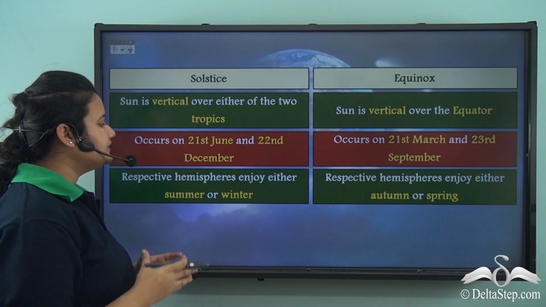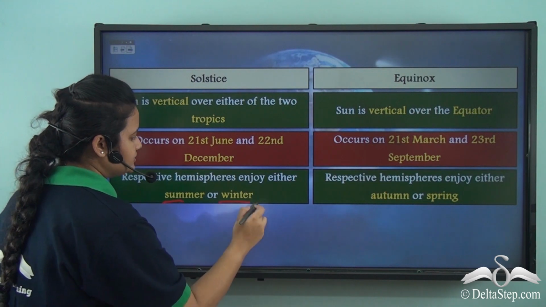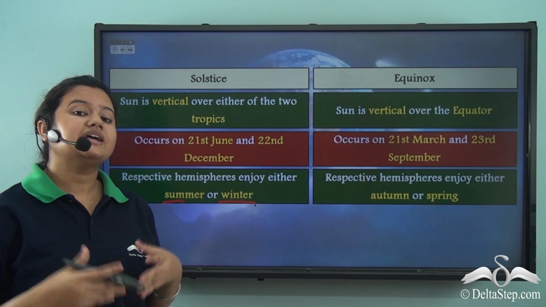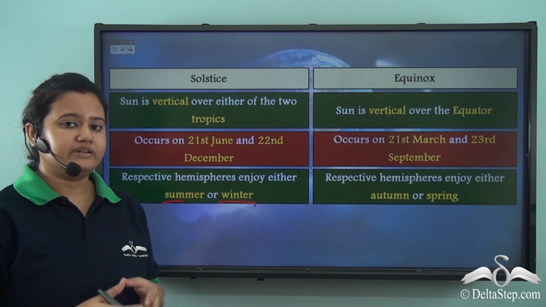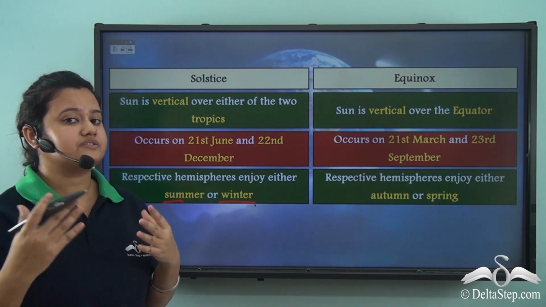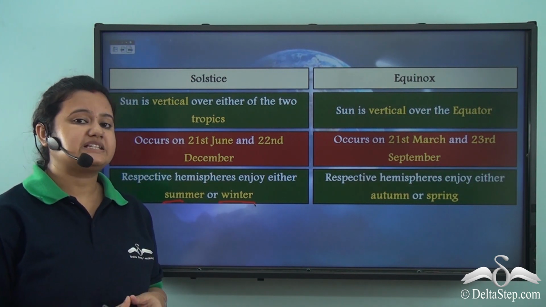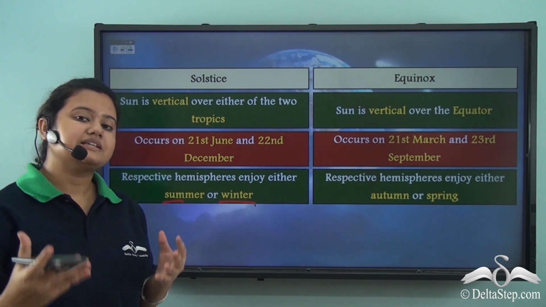During solstice, the respective hemispheres enjoy either summer or winter. If you remember, I mentioned earlier that during summer solstice, the northern hemisphere experiences summer, whereas southern hemisphere experiences winter. Whereas during winter solstice, northern hemisphere experiences winter, whereas southern hemisphere experiences summer.